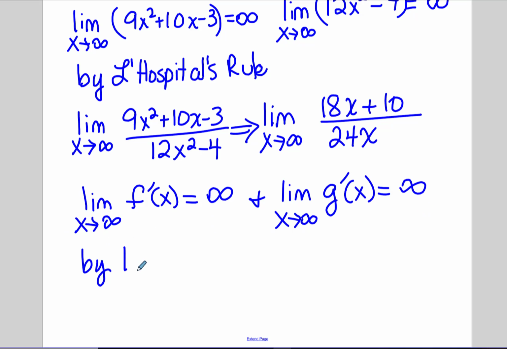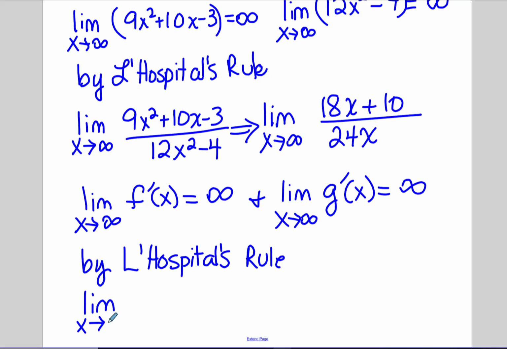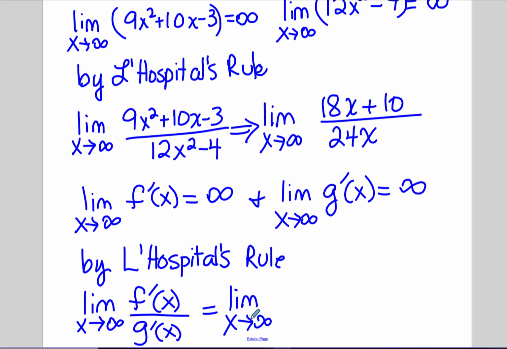So applying L'Hopital's rule again, we can rewrite the limit going to infinity of the derivative of the numerator divided by the derivative of the denominator as a second derivative, and the derivative of 18x plus 10 is 18, and the derivative of 24x is 24.